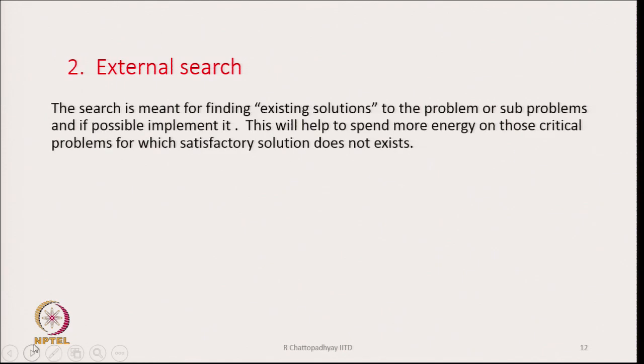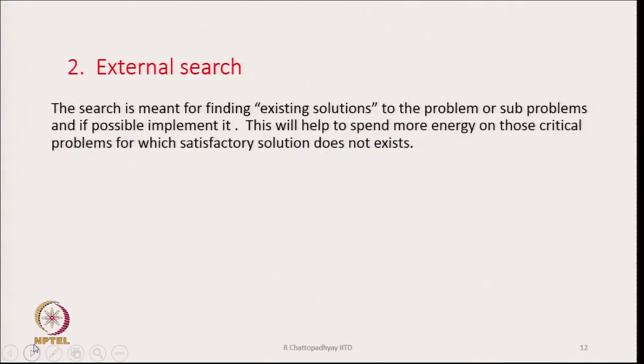External search basically means checking whether any existing solutions exist or not. If the solution already exists and is available somewhere, and we find it, then we try to implement that solution first. This will help to spend more energy on those critical problems for which a solution does not exist.